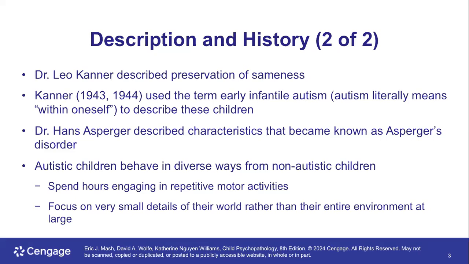In our living room, you would see hundreds of cars, and he could do that for hours. In addition, he would notice if something was out of place. So you see this kind of hyper focus on these repetitive activities. You also see focus on the minutia or the small details in the world rather than the larger environment. And I'm going to show you an example of that on a slide that follows.